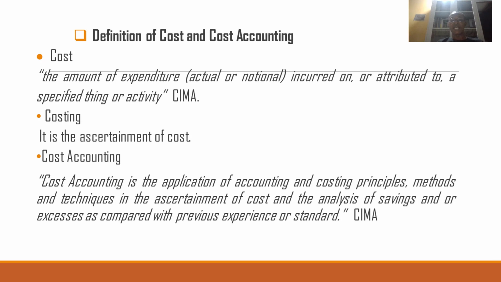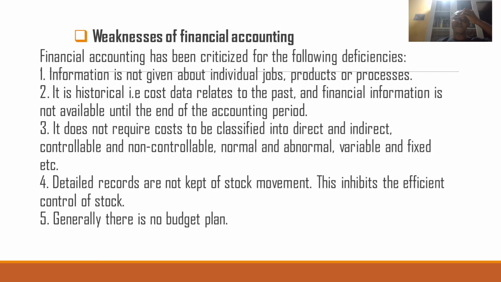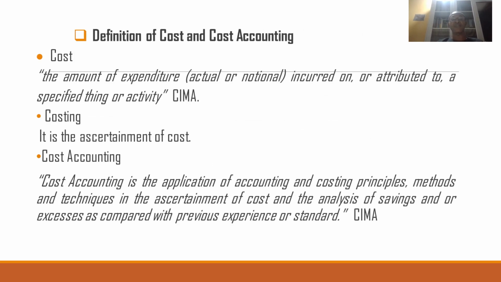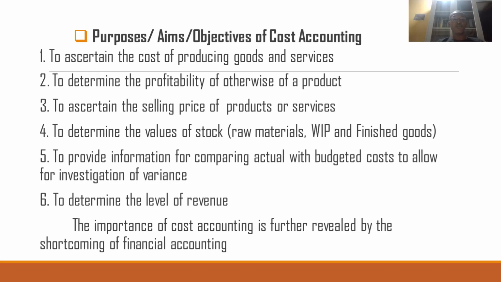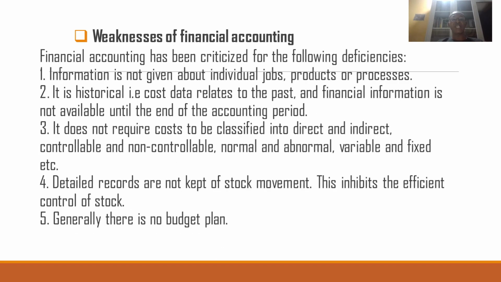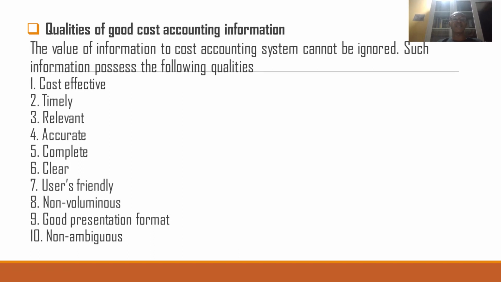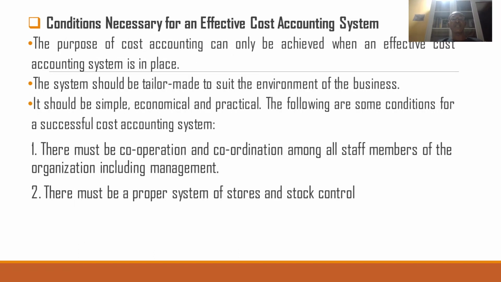So for this first topic, to summarize, we've looked at the definitions first, then the purpose of cost accounting. We talked about the weakness of financial accounting, which gives rise to the need for cost accounting, and then the difference between cost accounting and financial accounting. A good cost accounting system should possess certain qualities, and then the necessary conditions that must be put in place to set up a good cost accounting system.